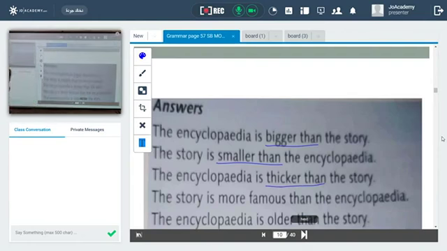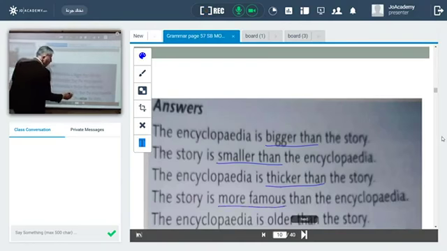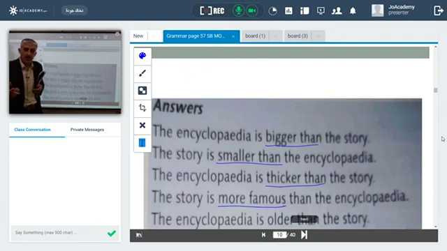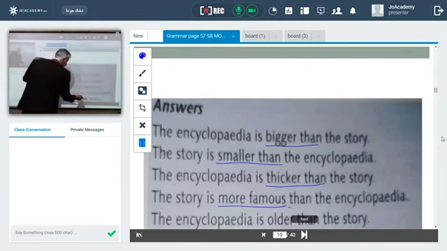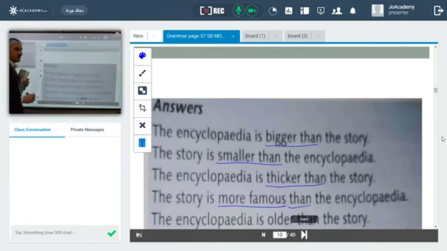The encyclopedia is thicker than the story. The story is more famous. Notice here we used more famous. We said famous is more than one syllable adjective. That's why we say more famous than. We don't forget the word than. It's very important to give a meaningful sentence. More famous than the encyclopedia.